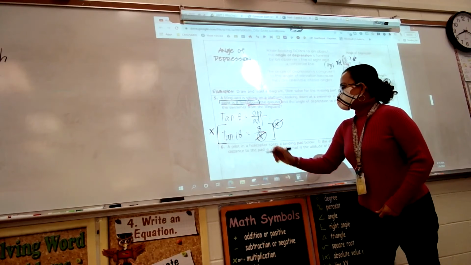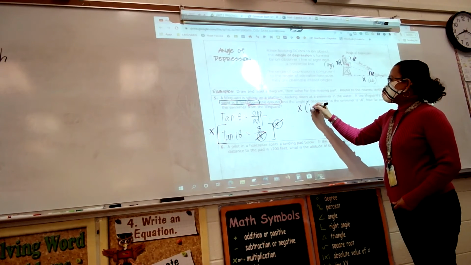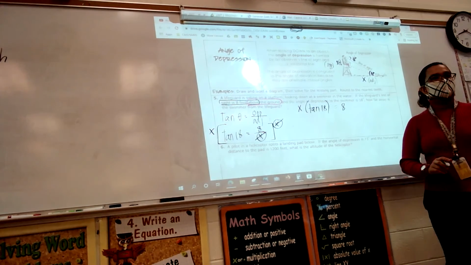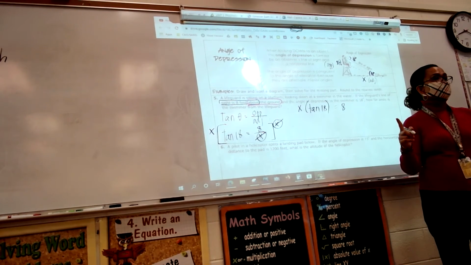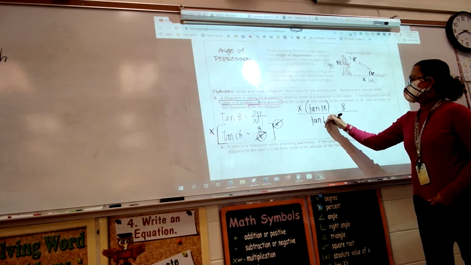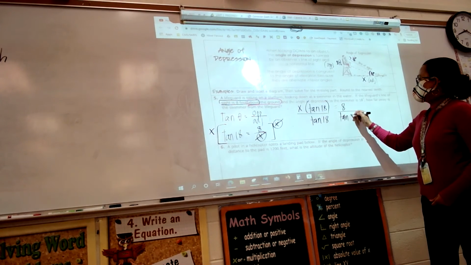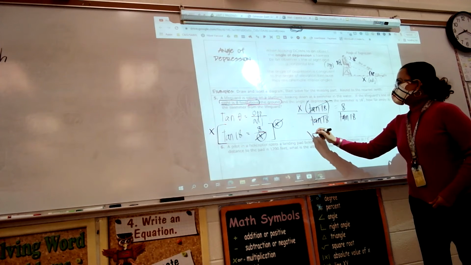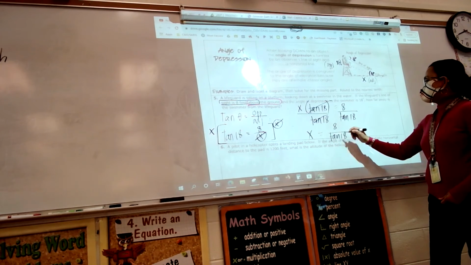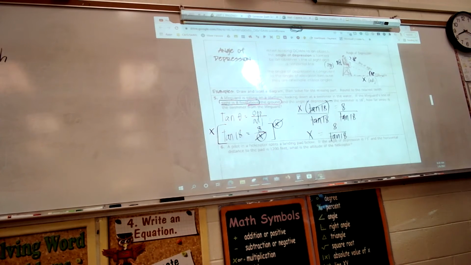So this will be cancelled out. x times tangent of 18 is equal to 8. Next step. Divide by tangent of 18. Okay, so x is now equal to 8 over tangent of 18. And what's the answer based on your decimals? In degree form.